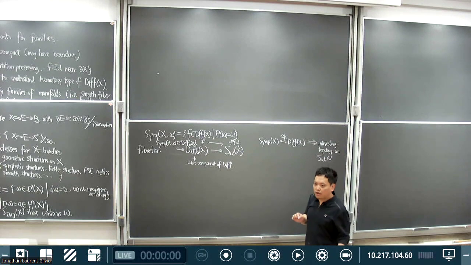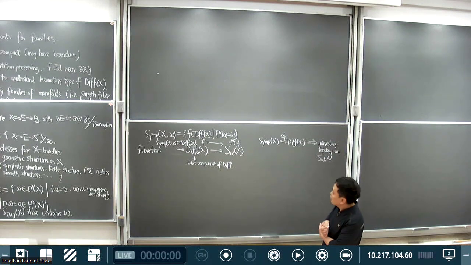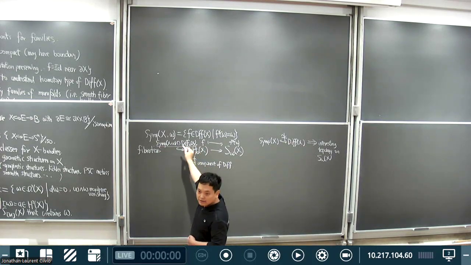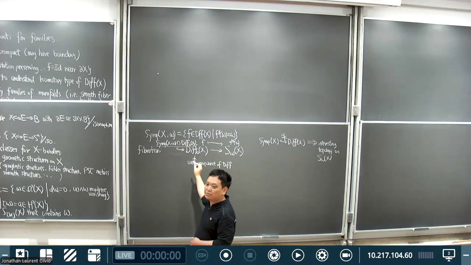Are we getting a bunch of components? These are the symplectomorphisms which are smoothly isotopic to the identity.